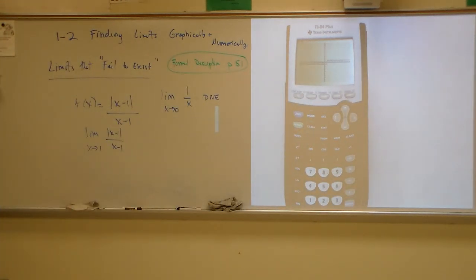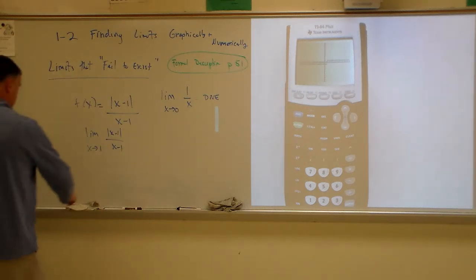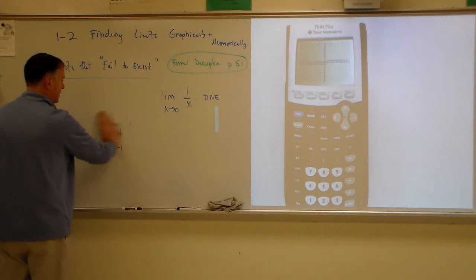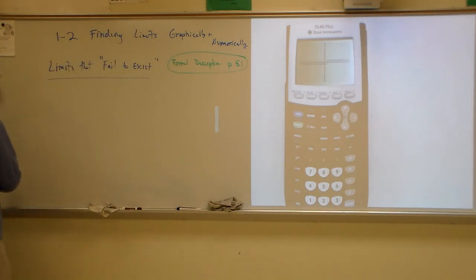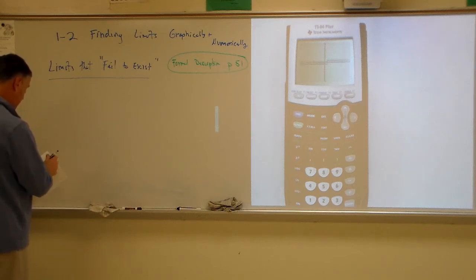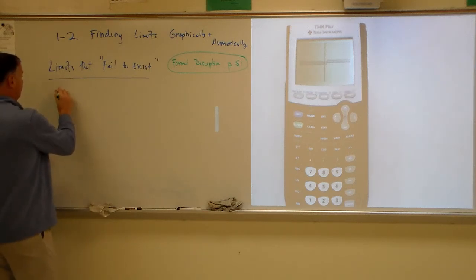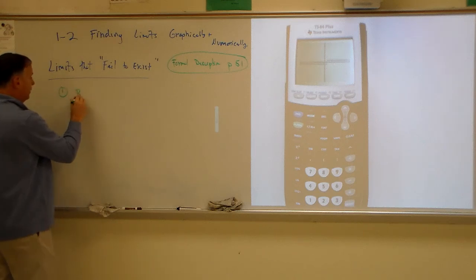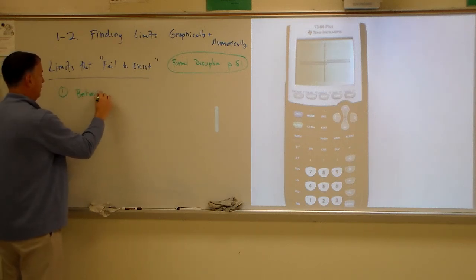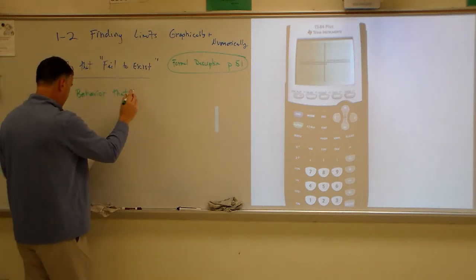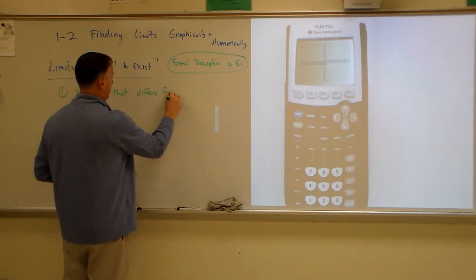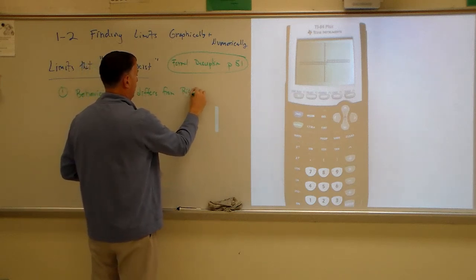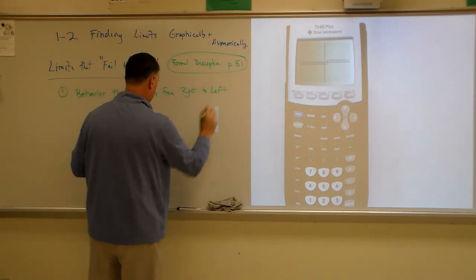So here are your rules for that. Limits that fail to exist, you can keep it underneath here, a little more formal now. Number 1, behavior that differs from right to left.